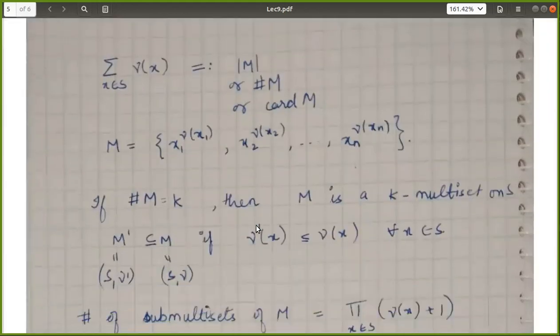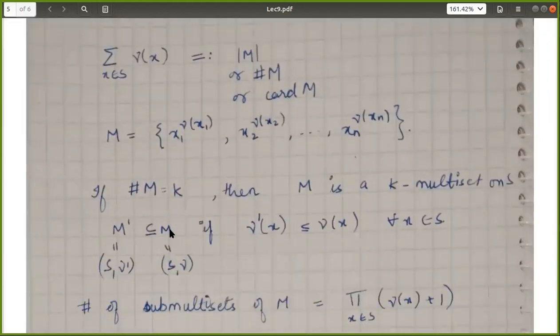M prime comes with some function nu prime, and M comes with some function mu. If nu prime of x is less than or equal to mu of x for every x, then you say that M prime is a sub-multiset of M.